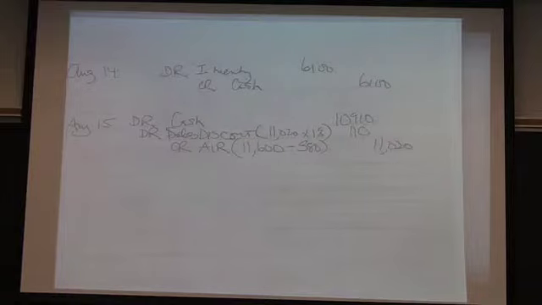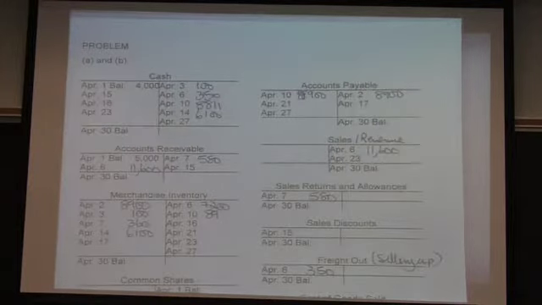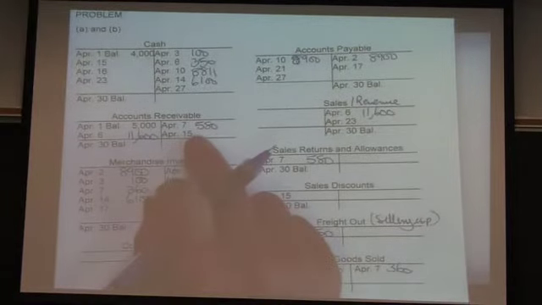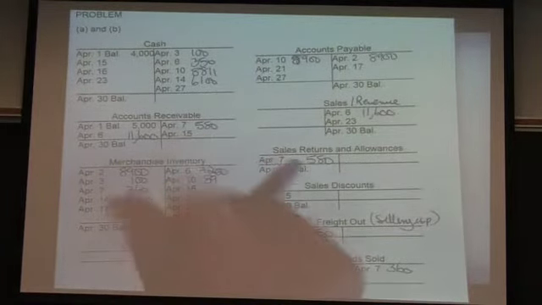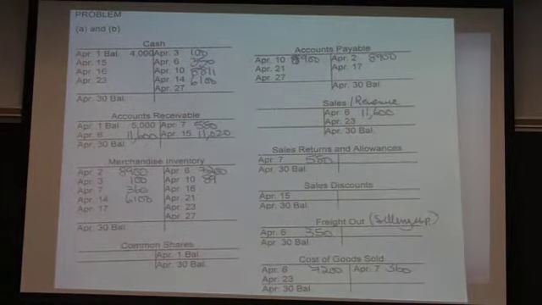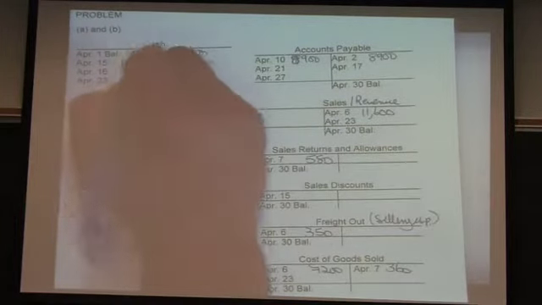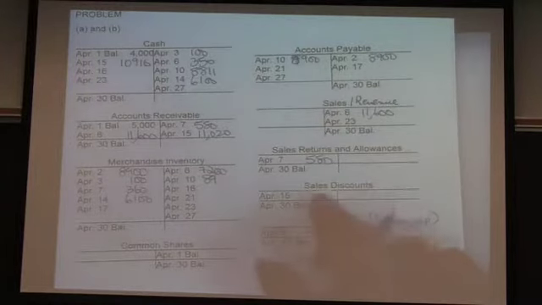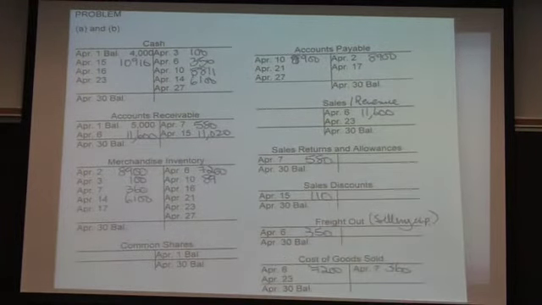And then the net difference will be the cash amount that I would expect to receive in the mail. So on the 15th, I would credit accounts receivable $11,020. I would debit cash on the 15th, $10,910. And sales discount, I would debit $110.